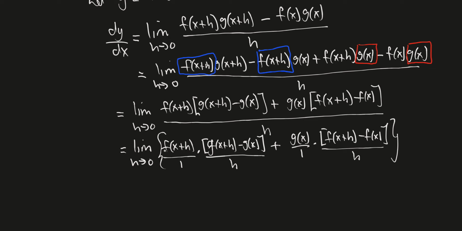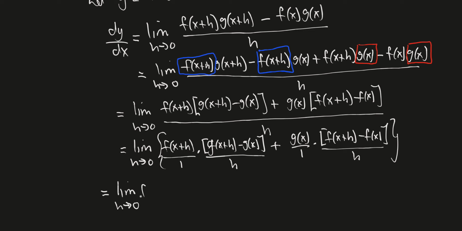That was a result we proved earlier. And then the same thing here. G is continuous, and also this limit, the limit of this difference quotient exists because, again, we assumed that f is differentiable. So I can take this single limit and write it as the limit of these four expressions.